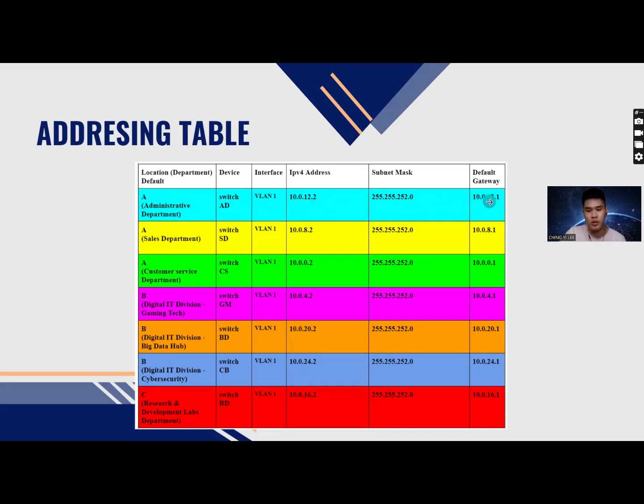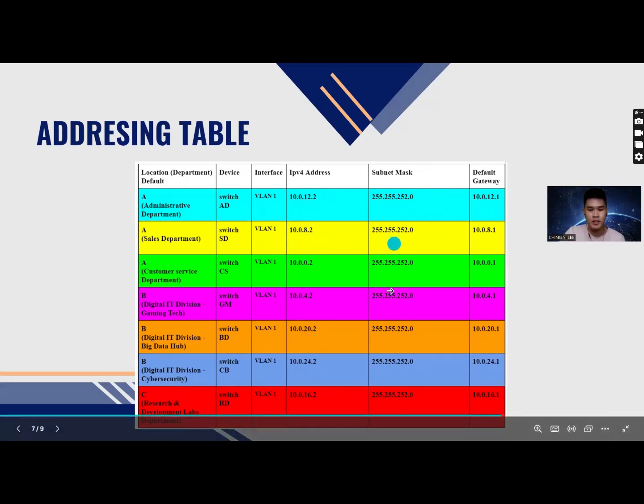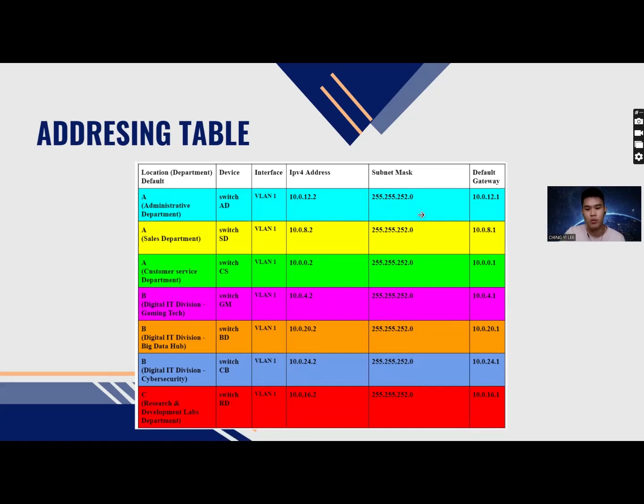So the first IP we have given to the default gateway, the second IP we gave to the switch. As you can see, 2, 2, 2, 2, 2. And the subnet mask is also the same for all the subnets, because it's classful.